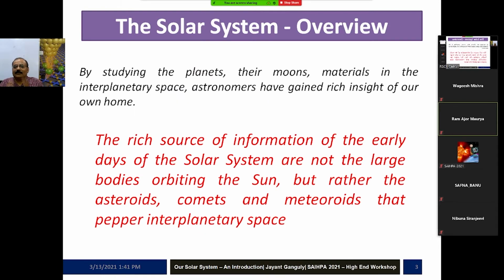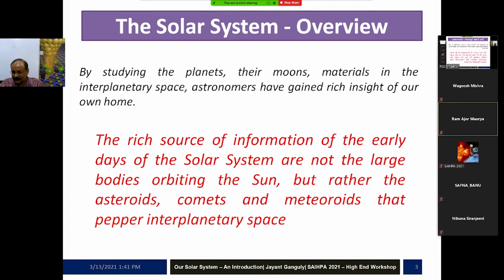So let us start. Why is the study of the solar system so important? By studying the solar system, not only the planets but the various materials and objects which we will be seeing there, astronomers have gained a lot of insight into how our solar system evolved. From that we get information, because we understand our own planet, how it evolved, and not only that, other planets and planetary systems, how they evolved.